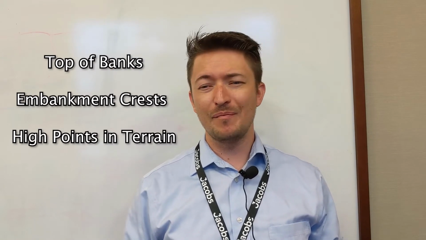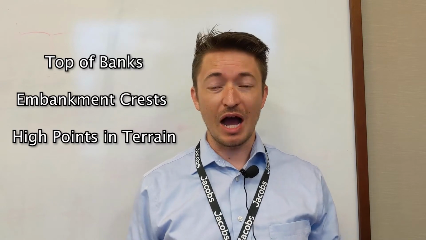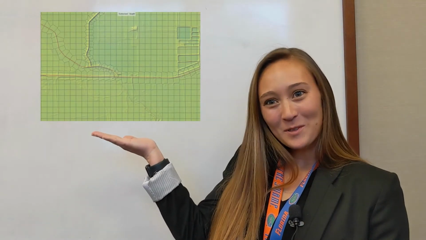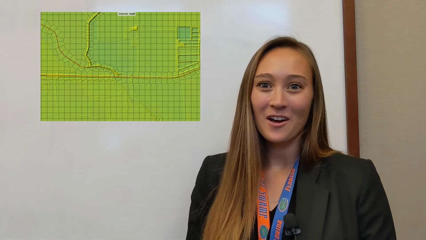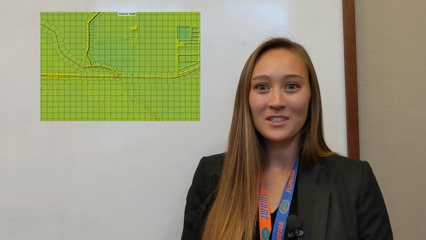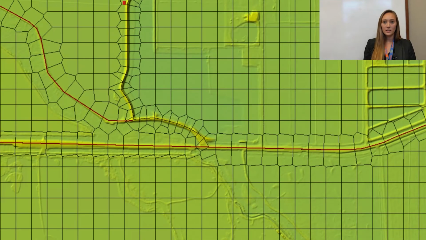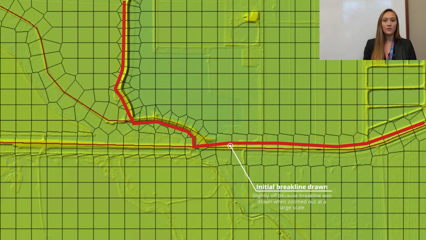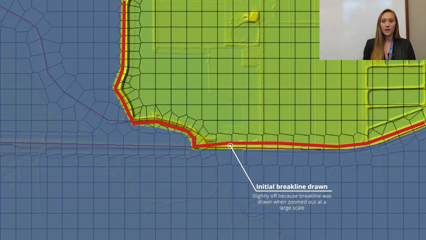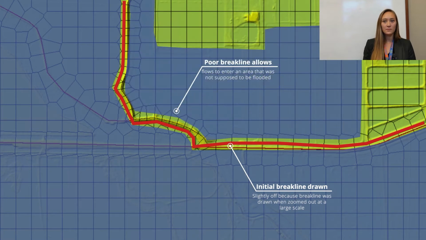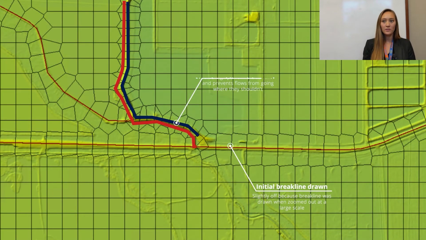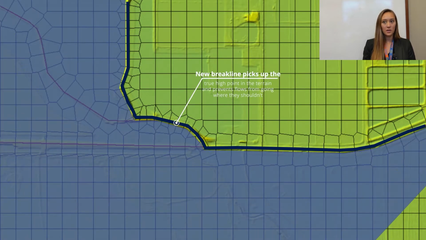It's important to have break lines at high points in the terrain, including the top of banks, embankment crests, and general high areas. Here's an example where placing the break line slightly off from the top of the crest resulted in falsely flooding this particular area. Moving the break line slightly, the model no longer showed the area flooding. The only way to identify the sensitivity of break line placement is to understand the topography under the area being modeled.